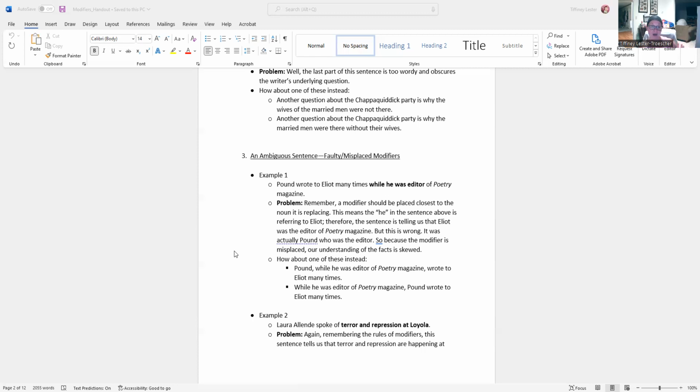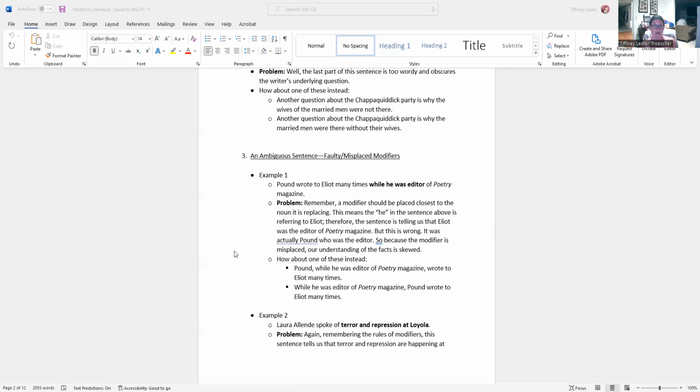So now our reader has walked away with incorrect information, all because we weren't clear with our pronoun reference. We didn't structure the sentence correctly so that the pronoun clearly connects to the correct noun.